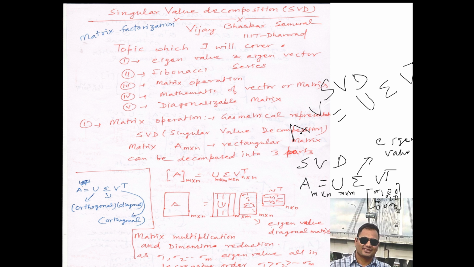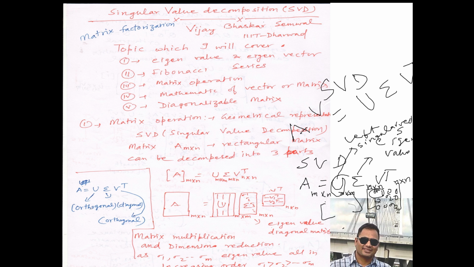The dimension I am considering is M cross N, and this is my other N cross N square matrix. This is my left singular vector. Corresponding to each eigenvalue there will be one vector, u, which I will cover later.